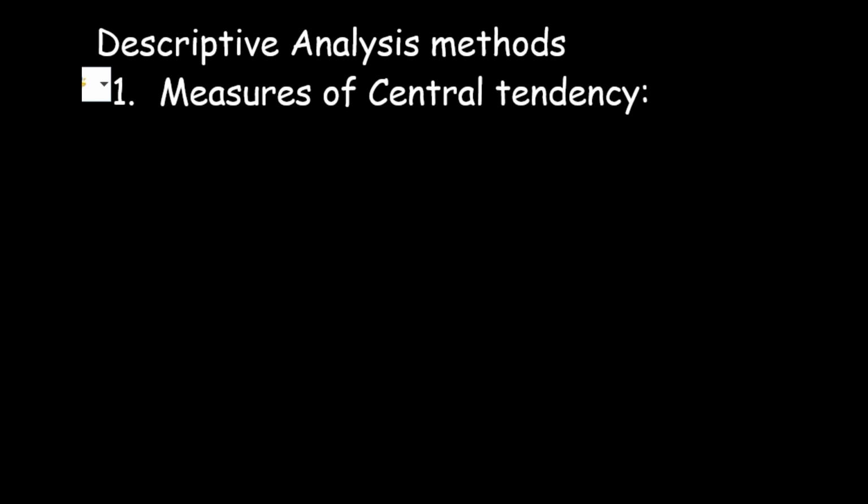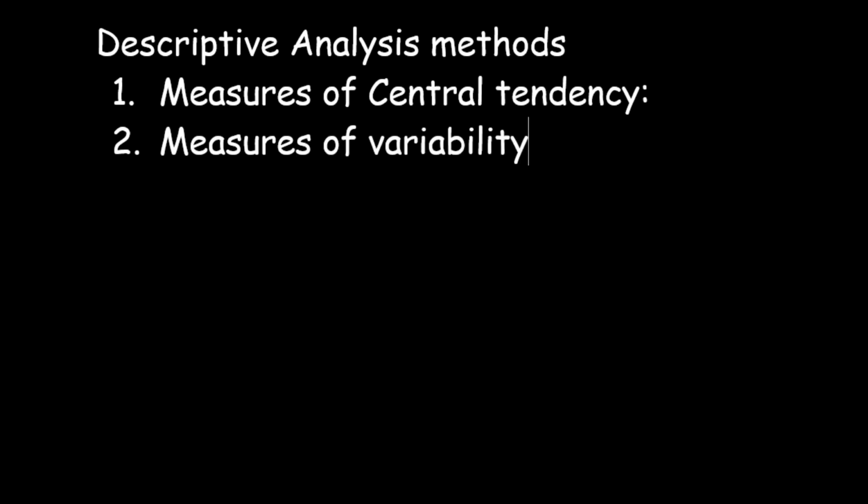They help understand the typical or average value of a variable. 2. Measures of variability. Measures of variability describe the spread of a data set and include the range, variance, and standard deviation. They help understand how much variation there is in your data.